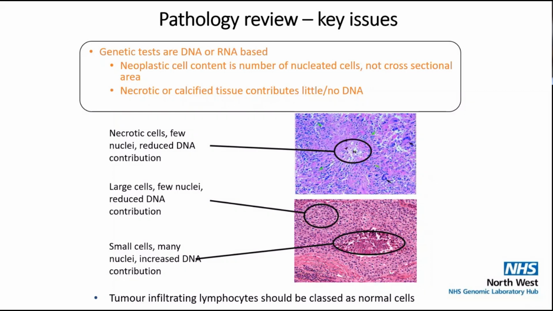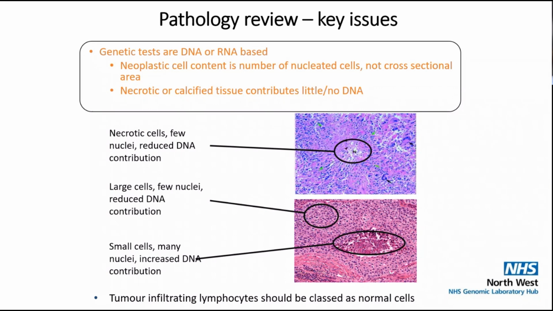As I mentioned, all our genetic tests are based on DNA or RNA. The number of neoplastic cells is really important for us to understand when we're doing our interpretation and analysis of our results. We nearly always have a mixed population of cells, some non-neoplastic, some neoplastic, and understanding that proportion is really useful.